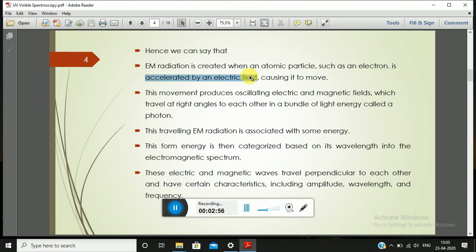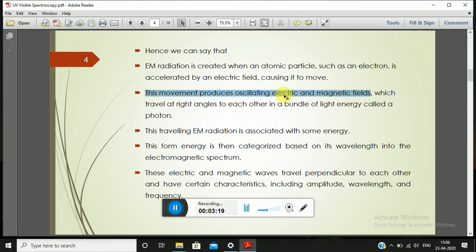When you apply an electrical field, the electron starts accelerating, and this movement of the electron leads to the formation of oscillating electric and magnetic fields.